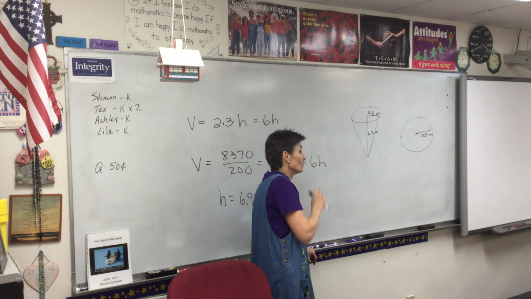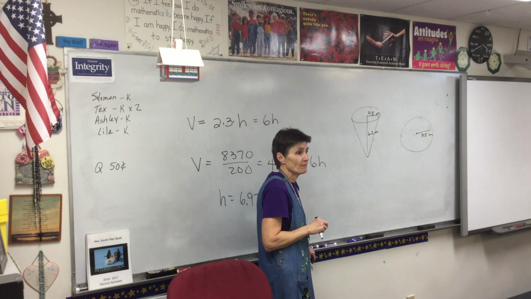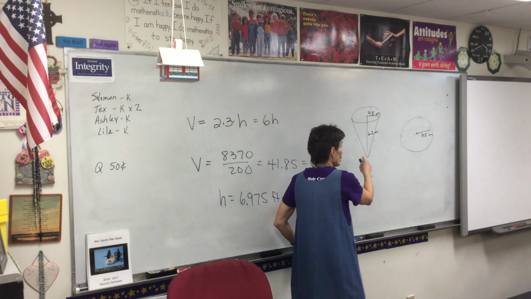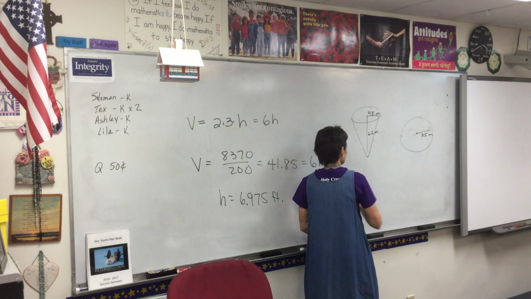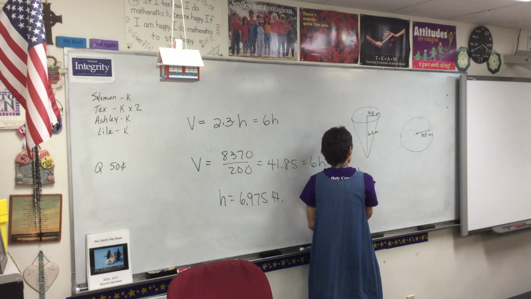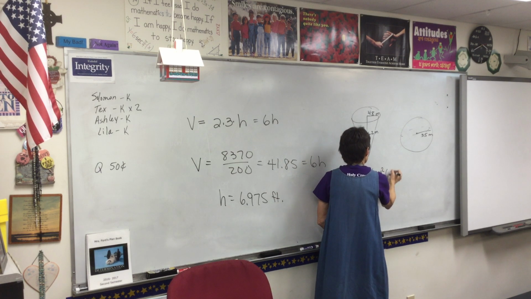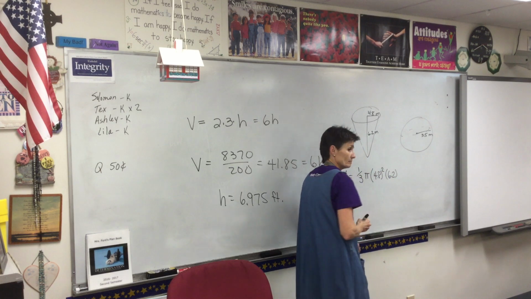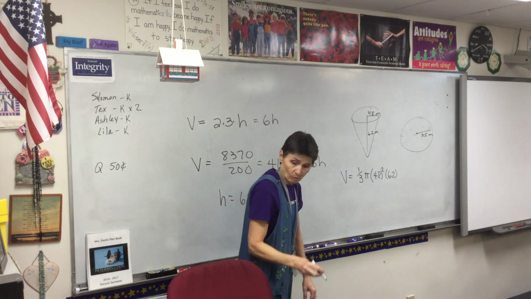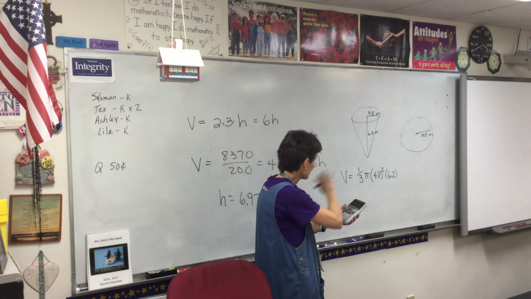All right, here we go. I'm comparing the volumes of these two figures. This is a cone. What is the formula for the volume of a cone? 1/3 pi r squared h. Now, I don't have to do this exactly. I can do this decimally, so I'm just going to type that in.